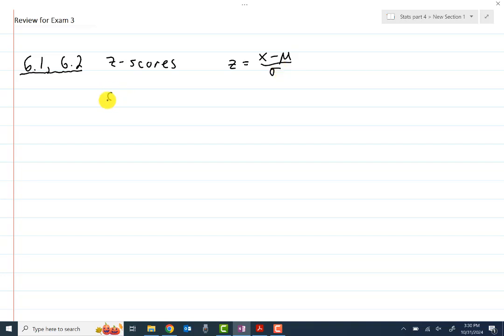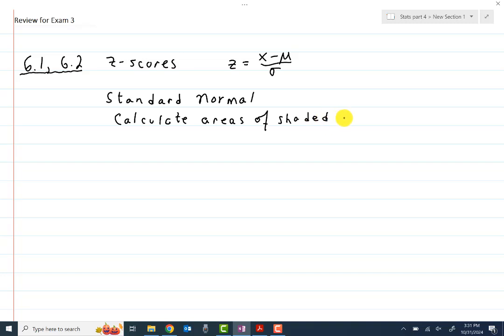Using the normal table, or more appropriately, the standard normal table, that you should have a printout of. You can use it on your tests. Calculate areas. So those are the things that I'll expect you to do for that.